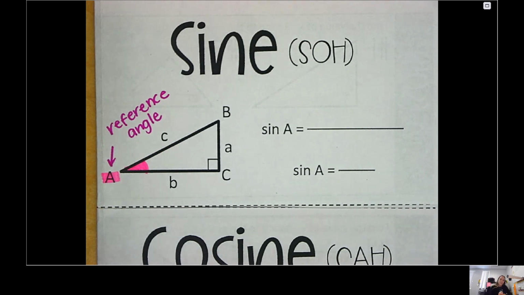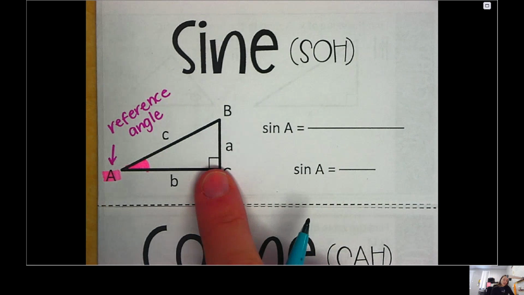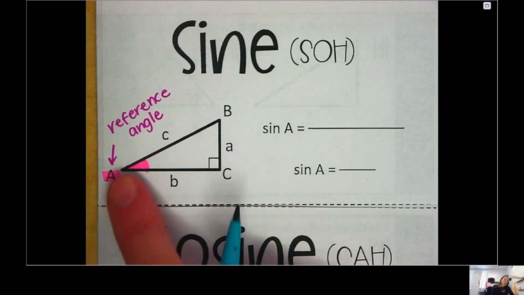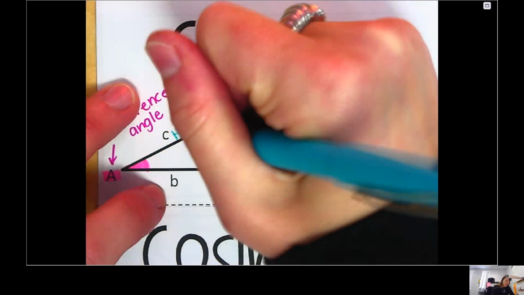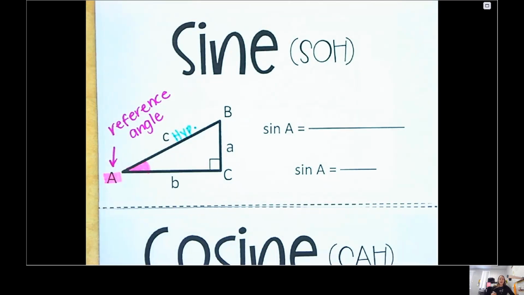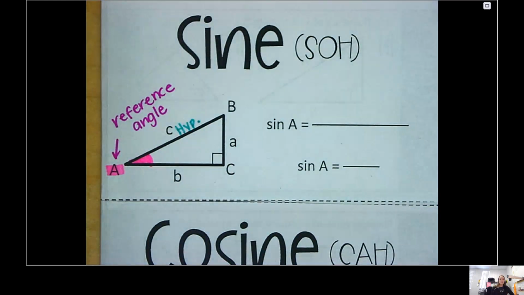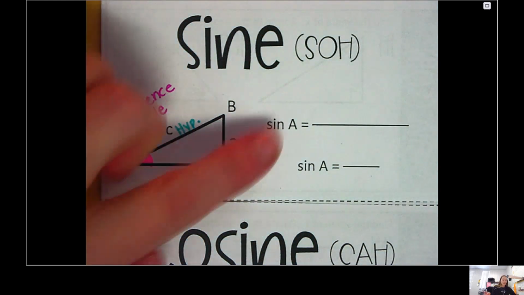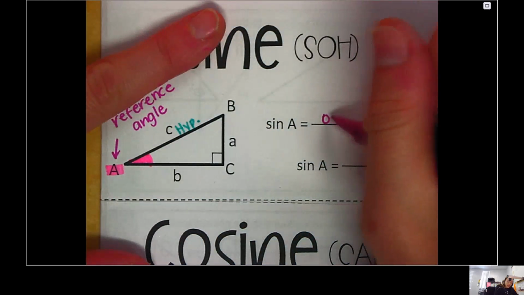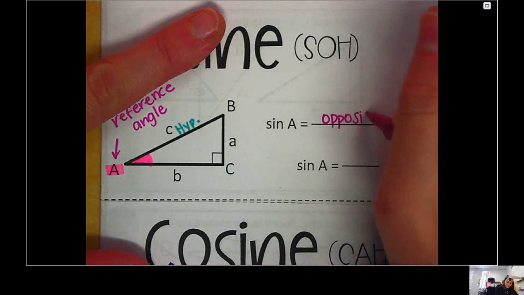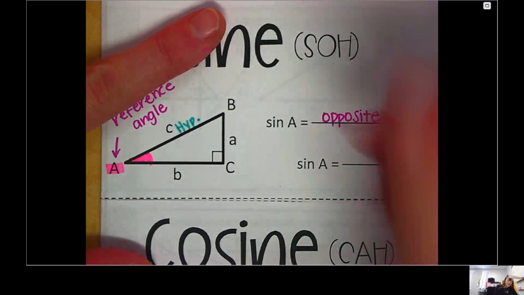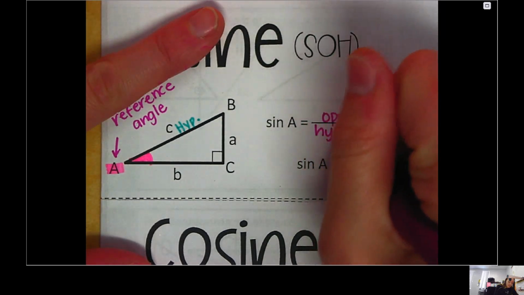So here's my 90, and if I go across from my 90, this side length right here is the hypotenuse. I always mark that first, because I don't want to ever get it mixed up with anything else. So the sine ratio is you take the opposite side and you divide it by the hypotenuse.